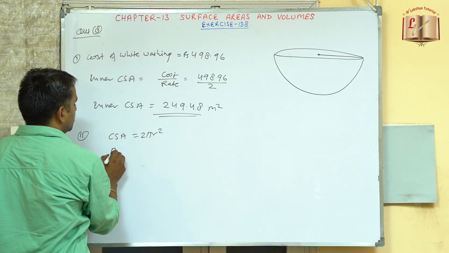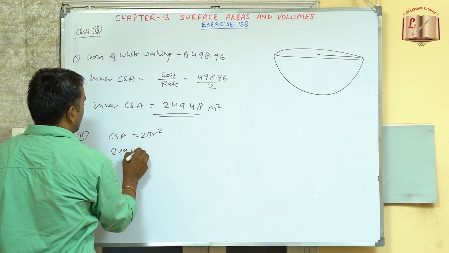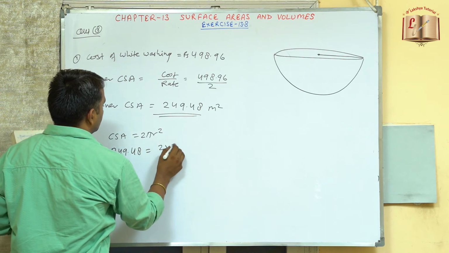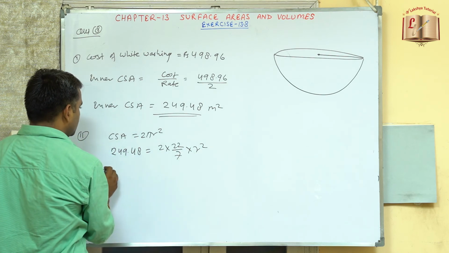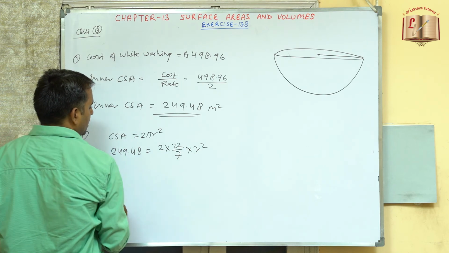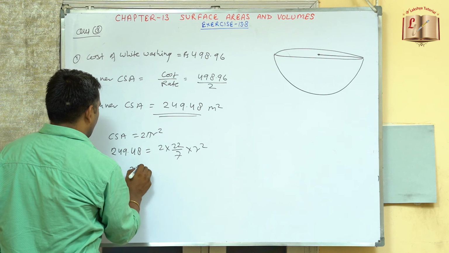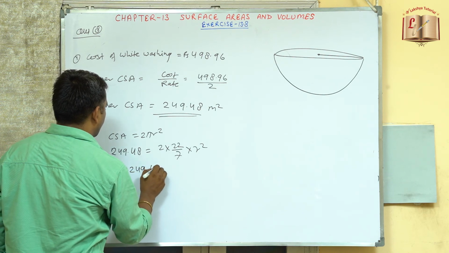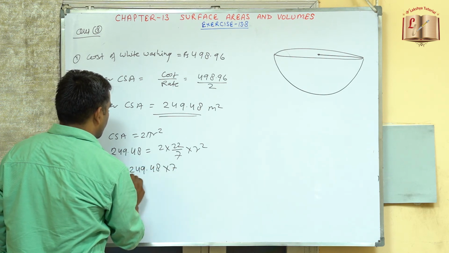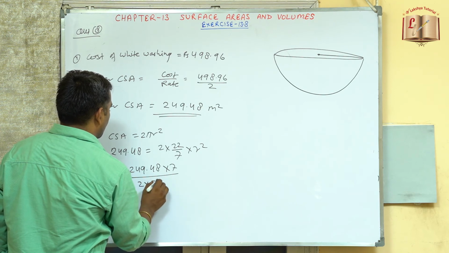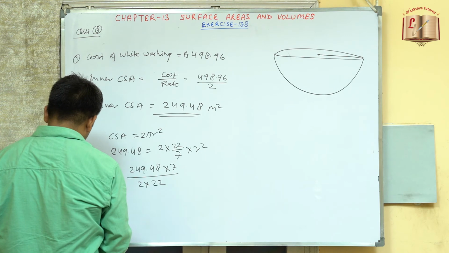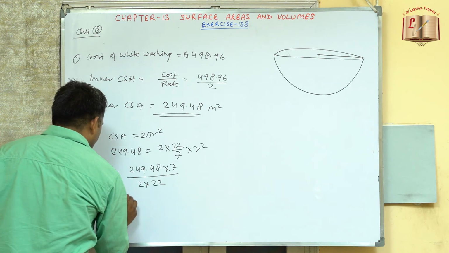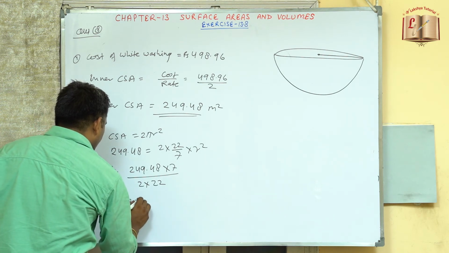So 249.48 equals 2 into 22 by 7 into r square. So r square will be 249.48 into 7 divided by 2 into 22. On simplification, we got r as 6.3 meters.